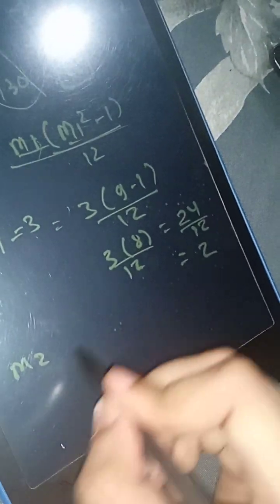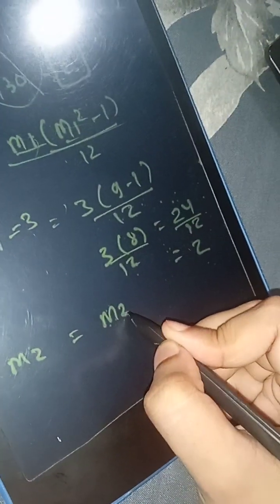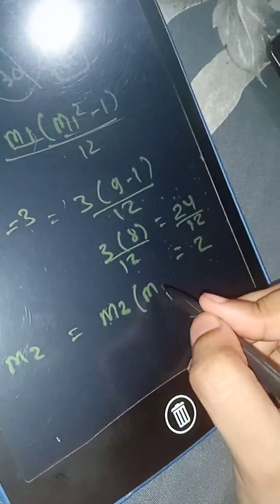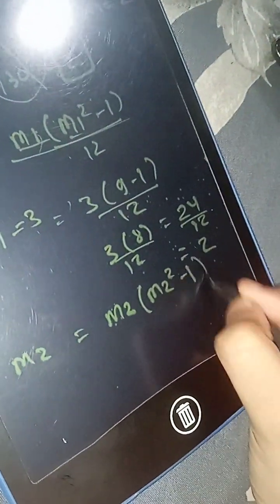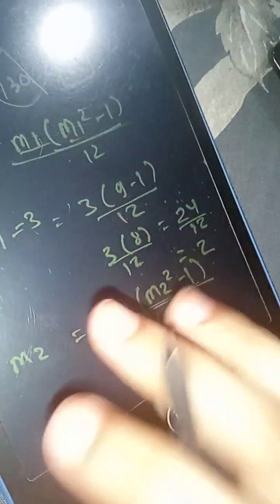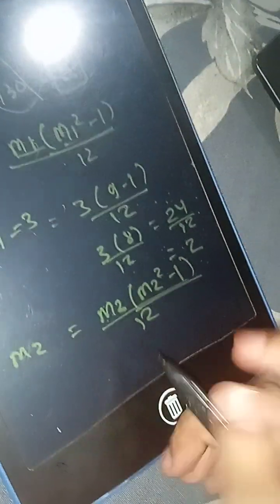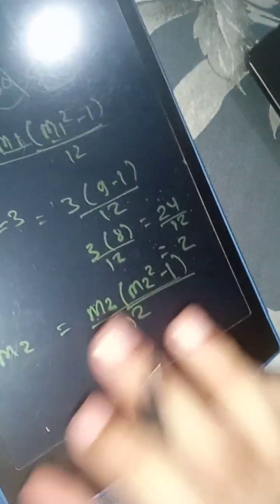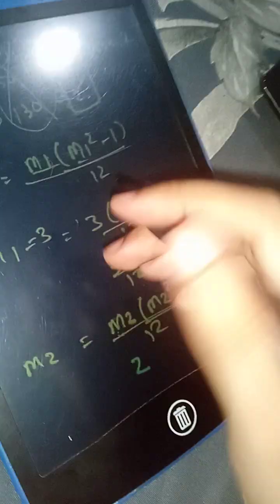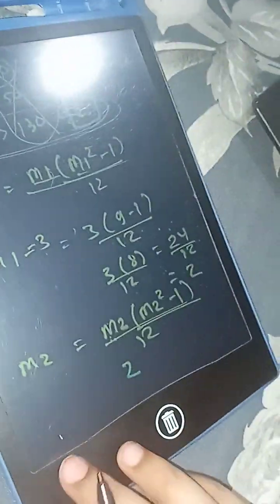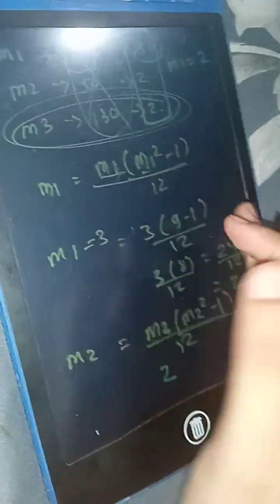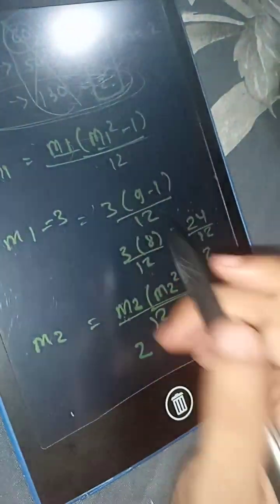Now let's calculate m2: m times the bracket of m square minus 1, upon 12. Write it as many times as you can. Now m for m2 is 2, and the same value will come for m3 also, because it is also repeating 2 times.